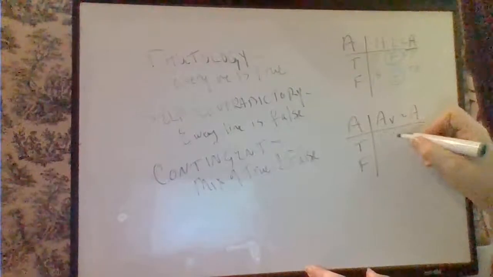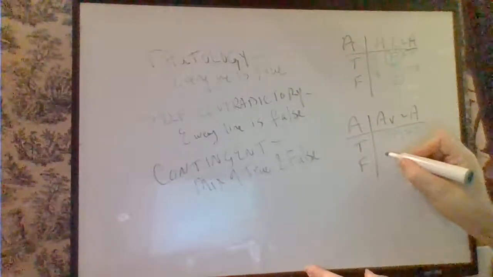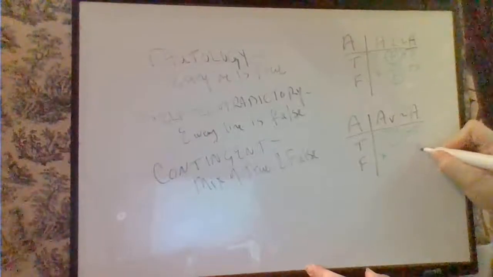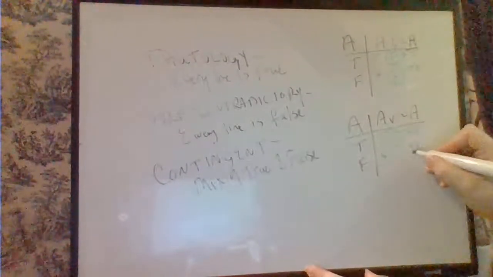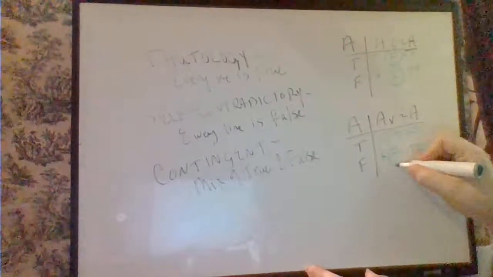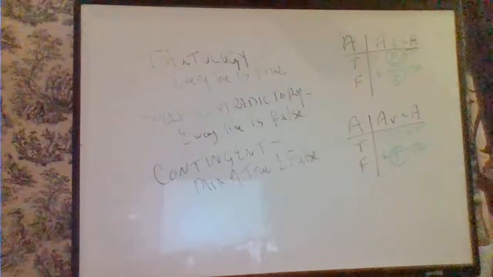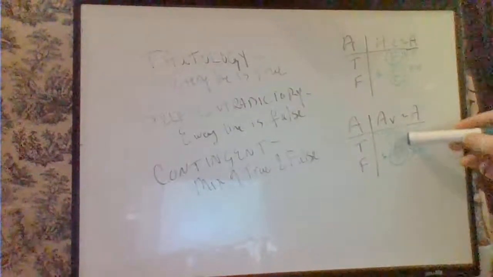True, false with the wedge is true. On line 2, A is false. The tilde there makes the false true. False, true with the wedge works out as being true. So again, even though it's a simple example, you can see that every line on the truth table works out as being true, which means that is an example of a tautology.